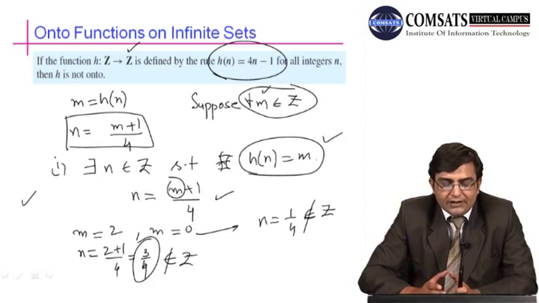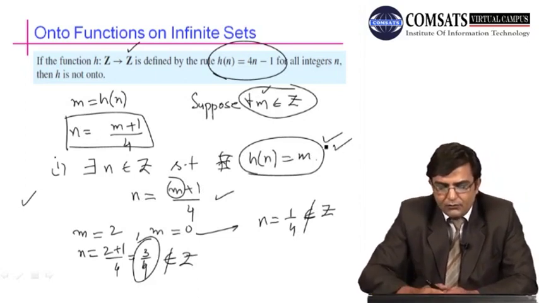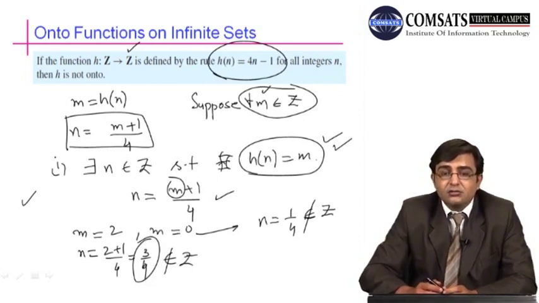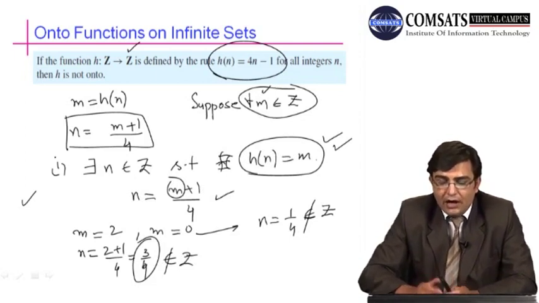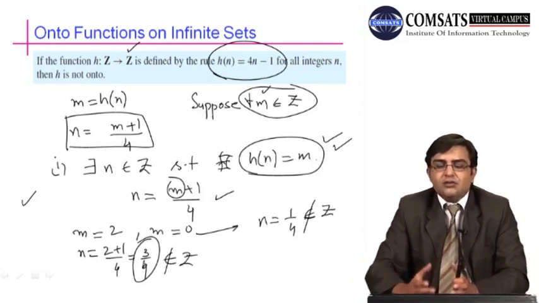So here we say that there may not exist some n belongs to z such that this condition is true. So this violates the first condition. So therefore we doubt here that this function is not onto. We doubt.